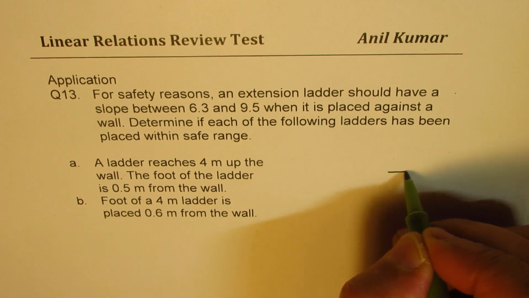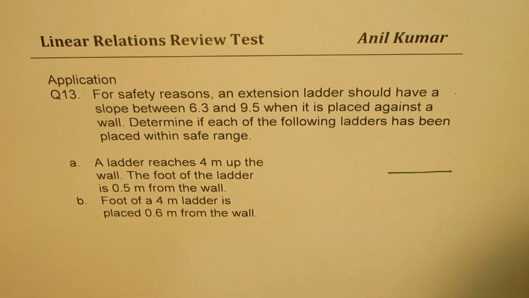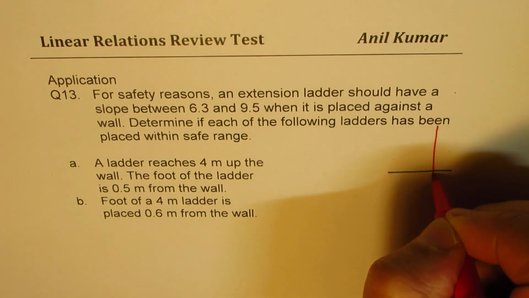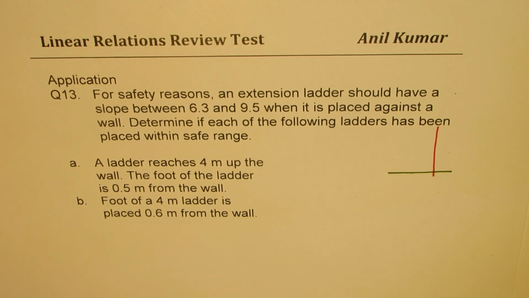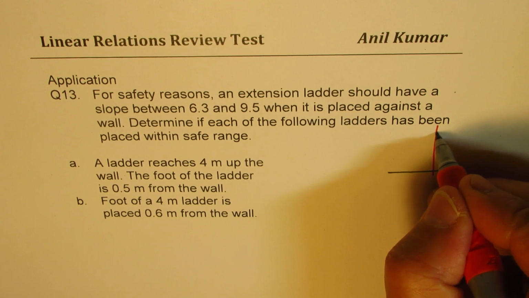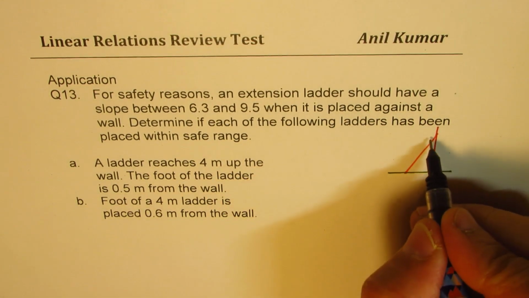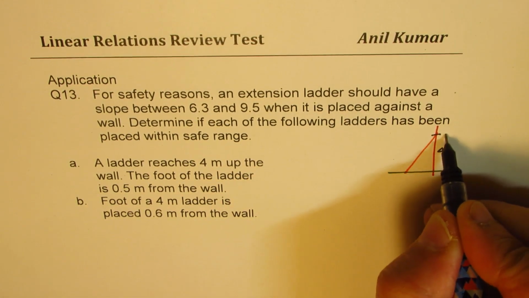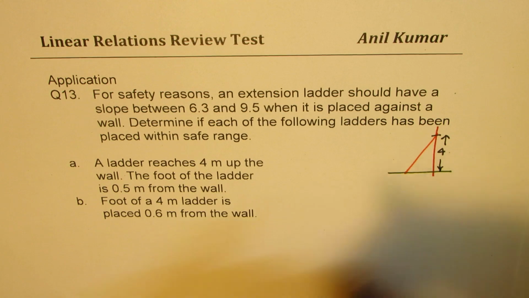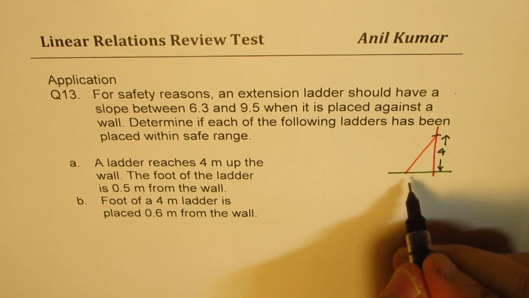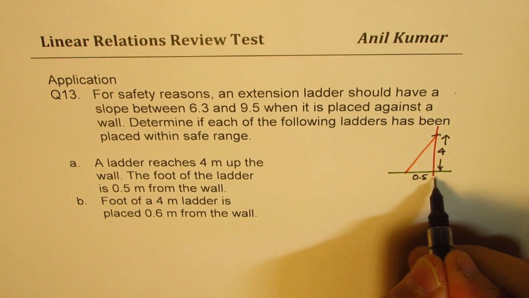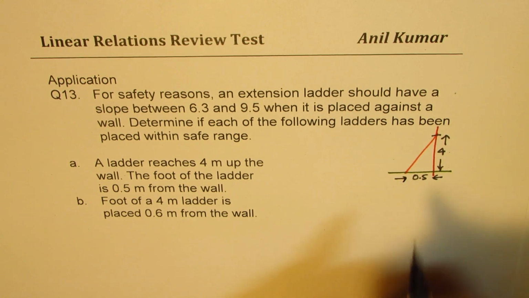So let's make the scenario, right? Let us say this is the floor, that's the wall, and then we have a ladder here which is kind of like this. Now the situation given to us is that the ladder reaches 4 meters up, so this is 4 meters up. The foot of the ladder is 0.5, or half a meter, so this is 0.5.